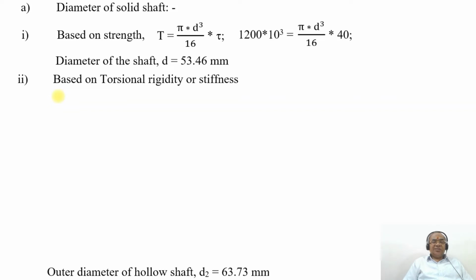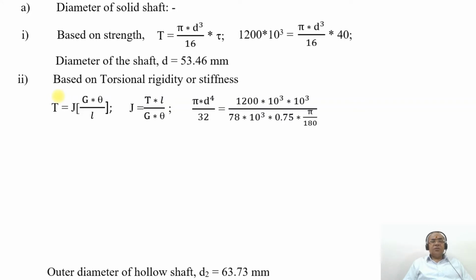Then based on the torsional rigidity or stiffness, T by Jp is equal to G into theta by L, so Jp will be equal to T into L by G into theta. So pi d to the power of 4 by 32 will be equal to T, that is 1200 into 10 to the power of 3, into the length of 1 meter, that is 1000, divided by G, which is 78 into 10 to the power of 3, into 0.75 into pi by 180, converted into radians.